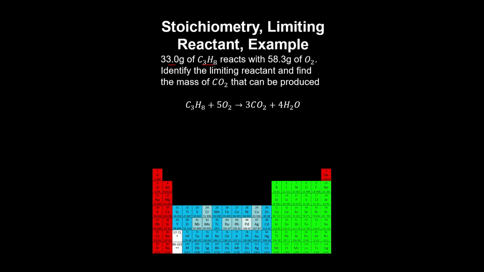33 grams of propane reacts with 58.3 grams of oxygen. Identify the limiting reactant and find the mass of carbon dioxide that can be produced. So the first step is to verify that the equation is balanced, and then convert the quantities we have into a number of moles, which can be done by dividing the mass by the molar mass of the molecule. And if you do that, you'll obtain the following results.